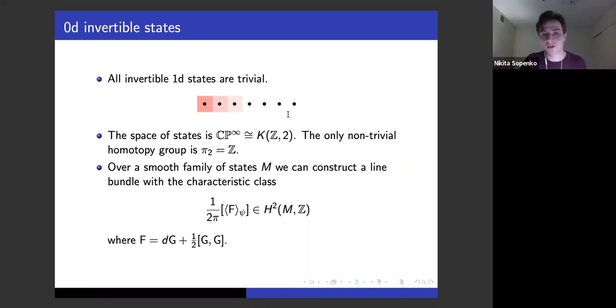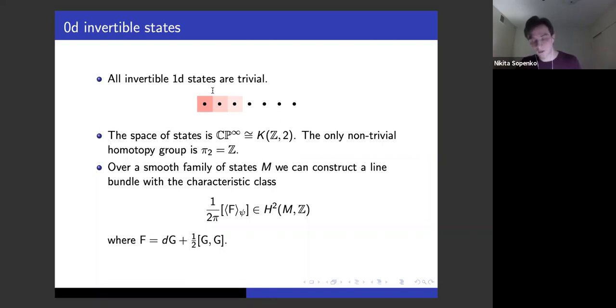And one can show that all such states can be produced by elements of the algebra which are almost localized at site 0, by some unitaries which are almost local there. And it's not hard to see that the space of such states is CP infinity, so it's just infinite. So effectively, we make our system infinite dimensional by the stabilization.